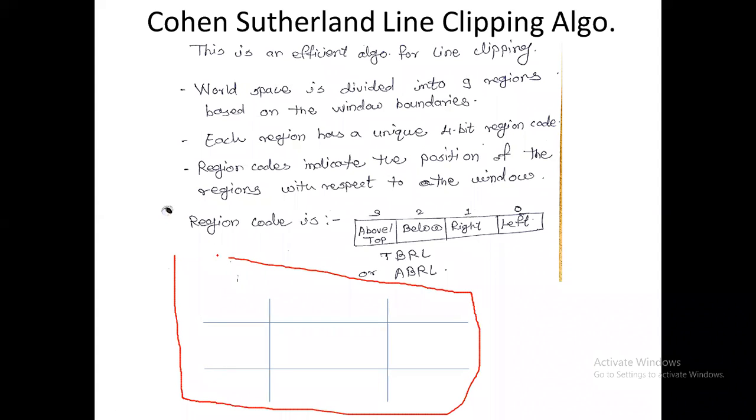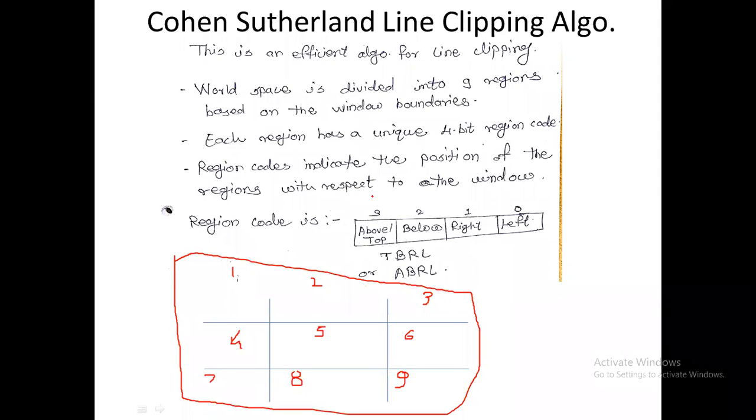Here this is the world space, and we have divided this world space into 9 regions. So this is the first region, this is the second region, this is the third region, and so on. So fourth, then 5, 6, 7, 8, and 9. So there are 9 regions in the world.